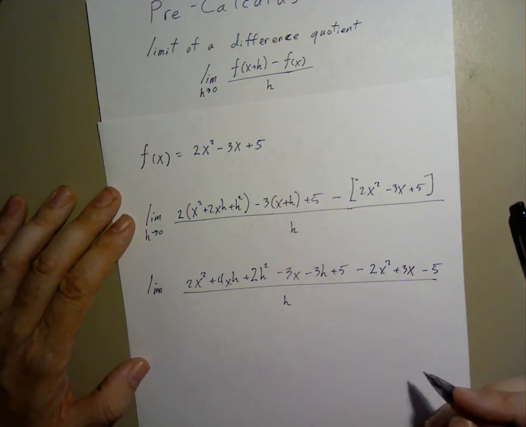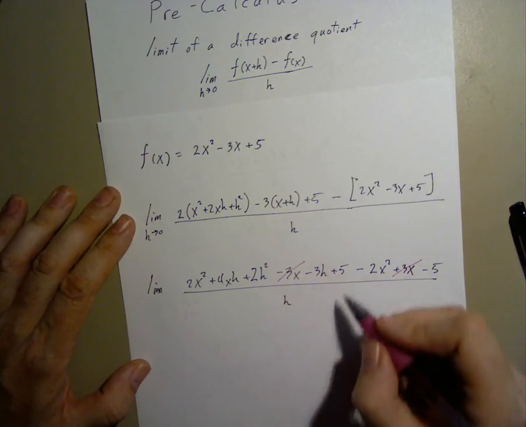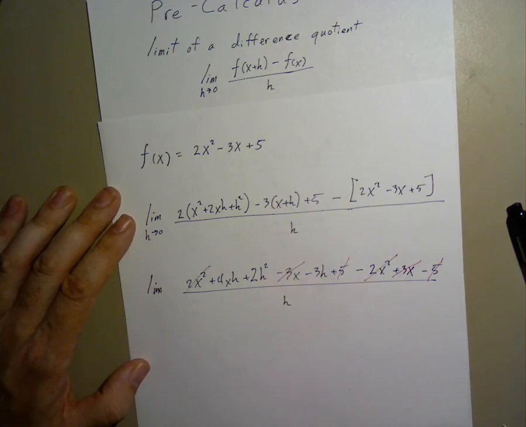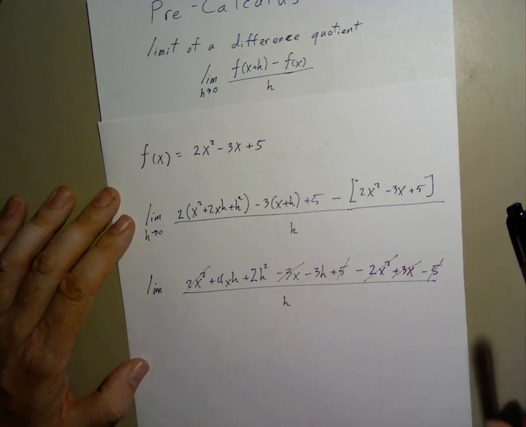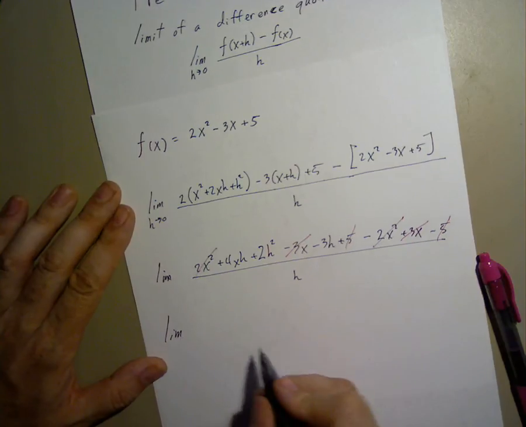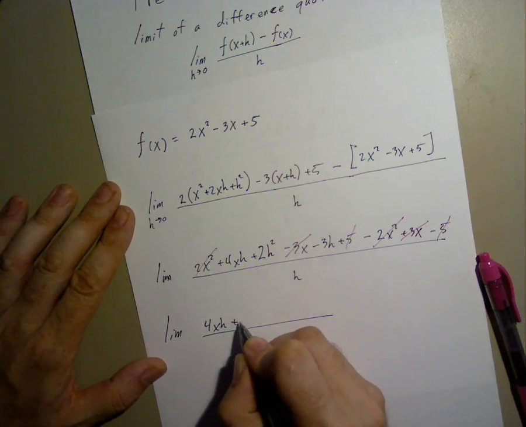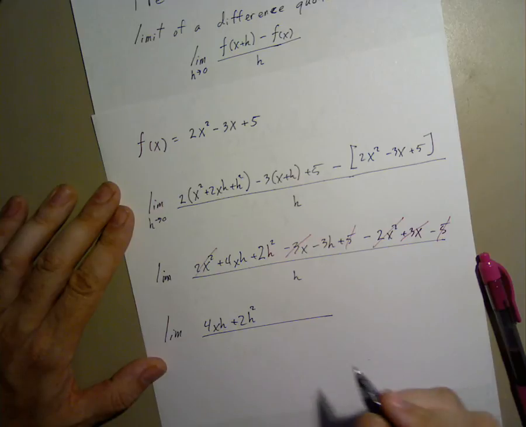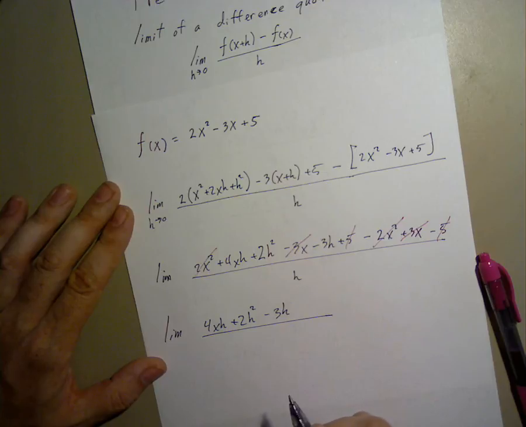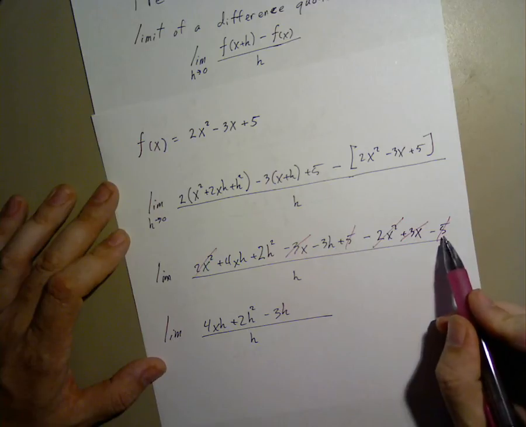The terms we can simplify now are 3x and 3x, 5 and 5, 2x squared and 2x squared. This leaves us with the limit of 4xh plus 2h squared minus 3h over h.